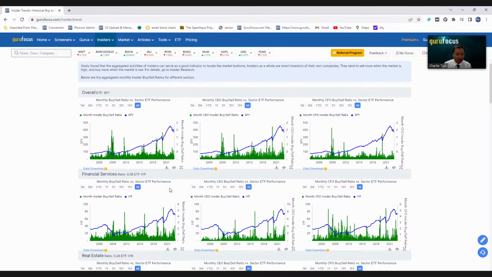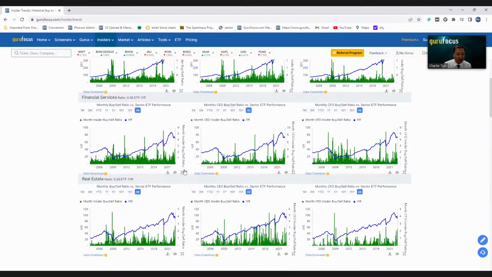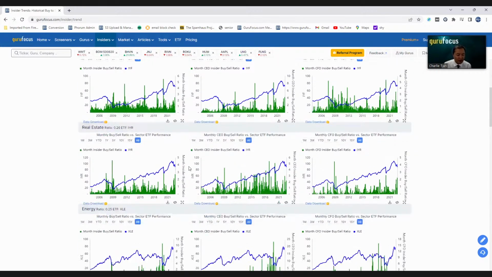And if you go lower, these are the different sectors, the insider buy-sell ratio, and also the sector index performance. You can see that for the financial services sector, the insider buy-sell ratio is actually quite high these days during September. Similarly for real estate, the insider buy-sell ratio was very high for real estate companies.